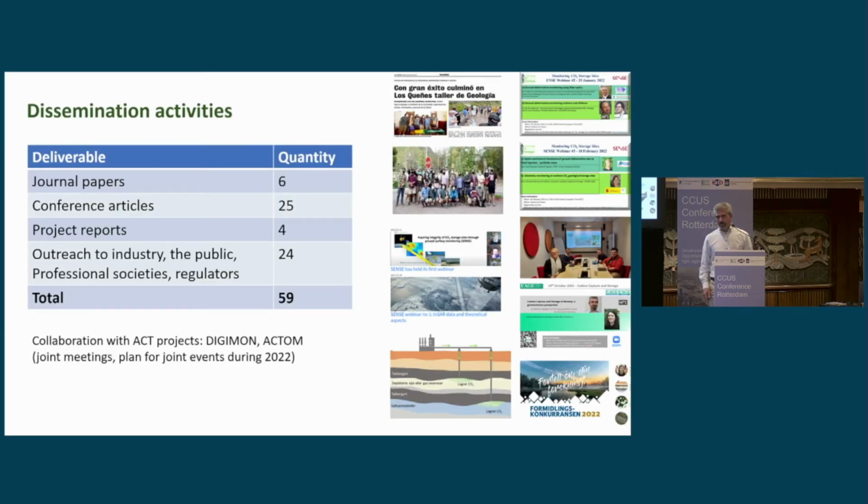Dissemination, we have had some journal and conference papers and some outreach to industry, public, and regulators. In total about 60 activities. You can see some of them listed here. We are planning something with Arvid and Guttorm, some dissemination activities later this year, probably in SGT 16, we'll see.